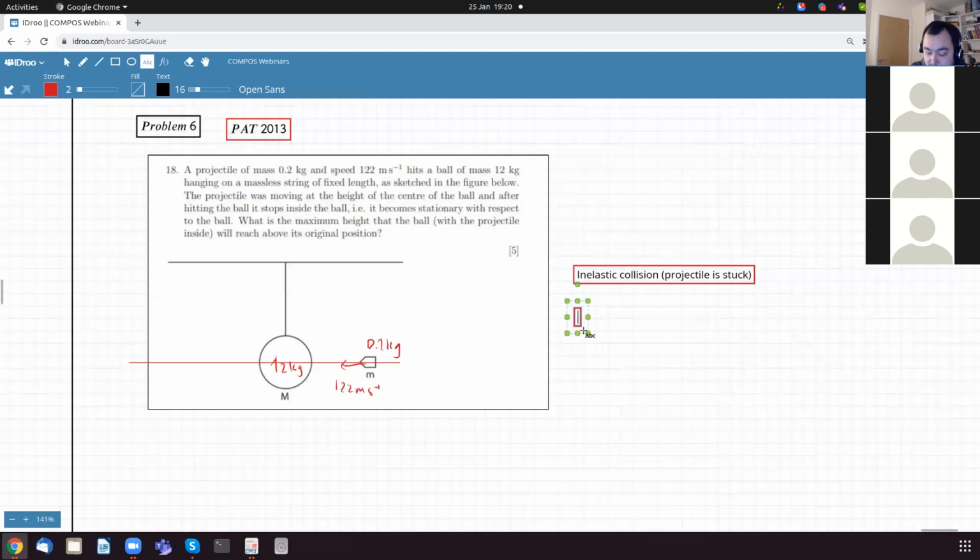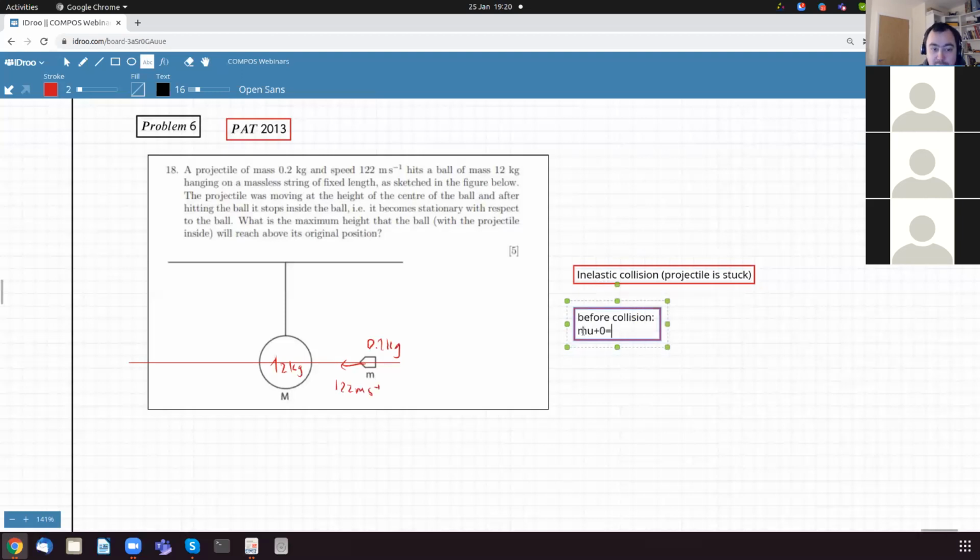So before the collision, the projectile has momentum mu, plus 0 for the ball.